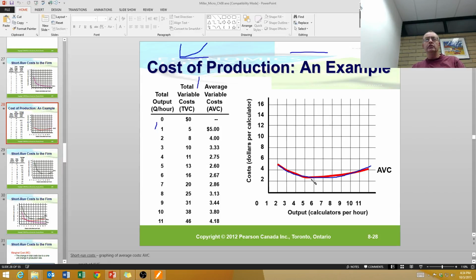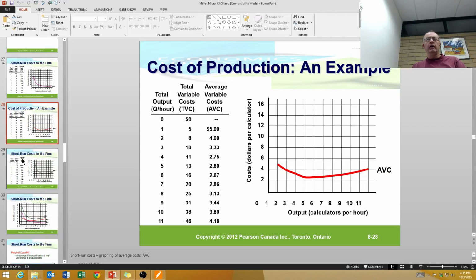The reason it's U-shaped is that as we buy additional units of input, we move up the supply curve for the input, and as we buy more and more units, we have to pay a higher and higher price, and that gives this average variable cost curve a U shape.